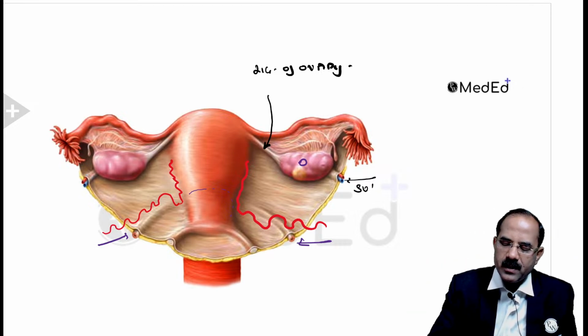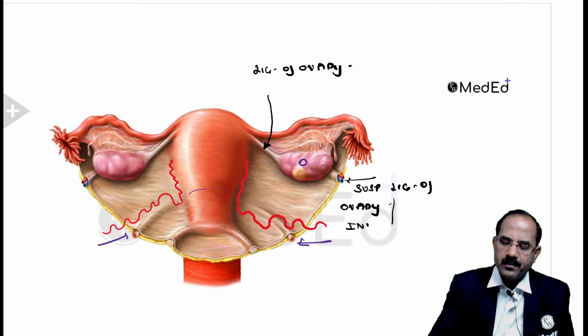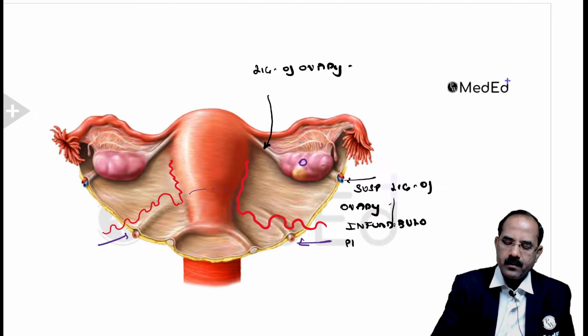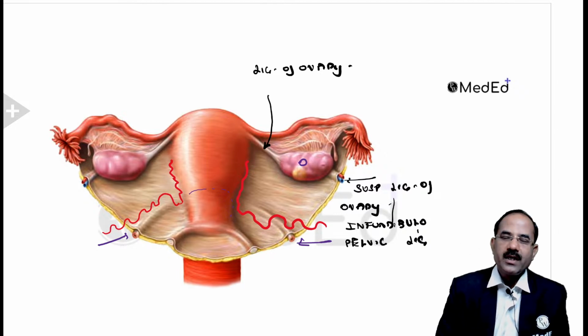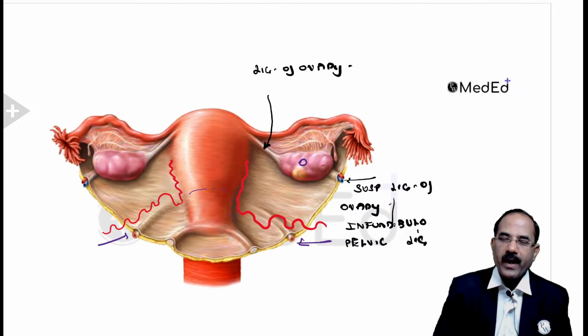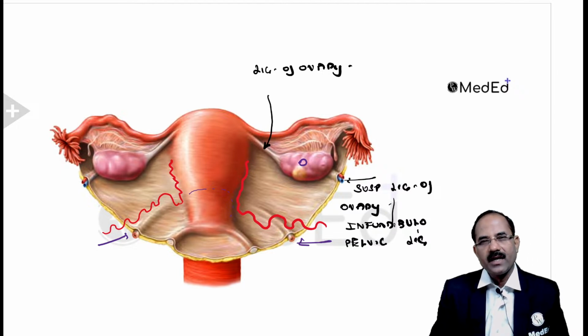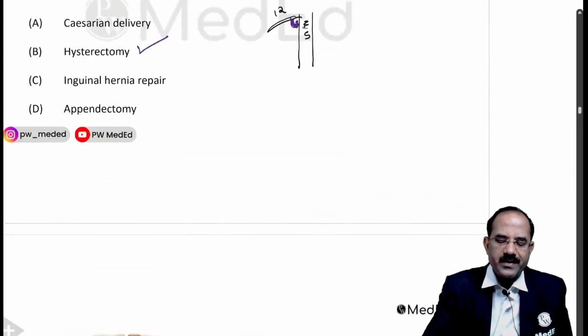This is the suspensory ligament of the ovary, also known as the infundibulopelvic ligament. And what does it carry? The ovarian vessels. Very good, students.